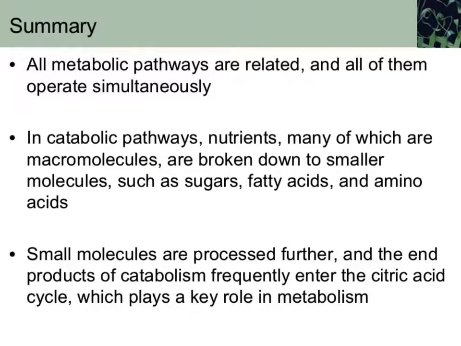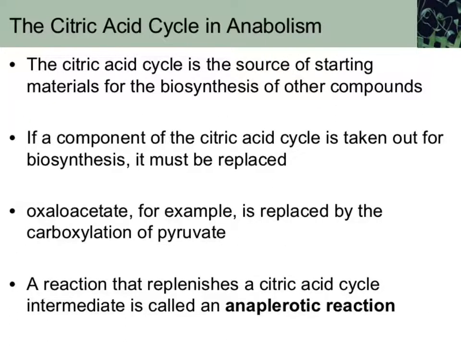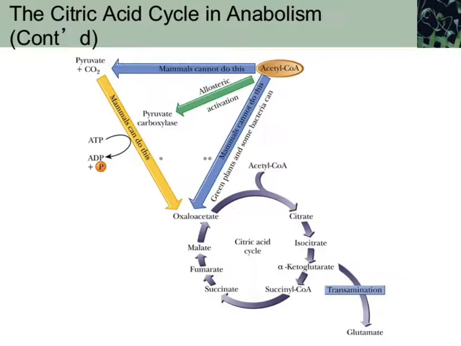So our big summary: all of our metabolic pathways are related. In catabolism, we can break things down to make our molecules for our citric acid cycle. The other option is that we could move to anabolism, and we can take those same molecules from our glycolysis, or from the citric acid cycle, and push them outwards to synthesis of larger molecules.